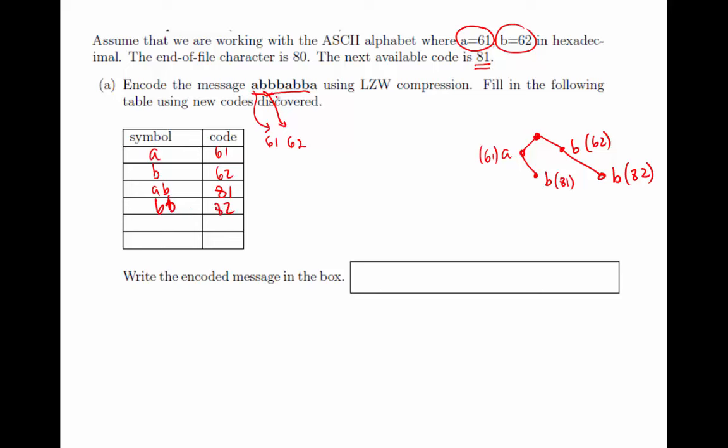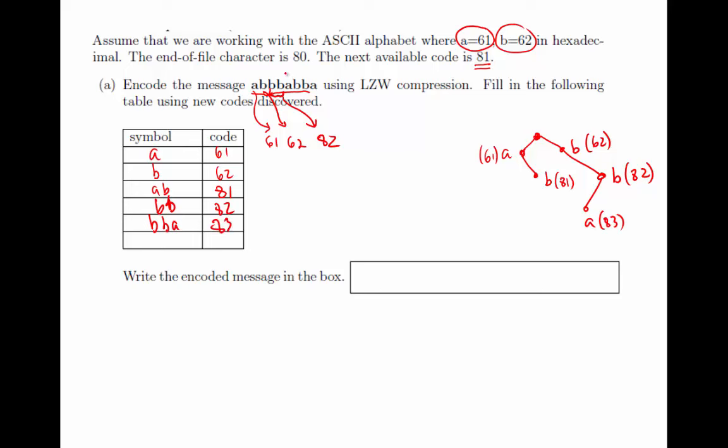So now we have BB added. Now there's something nice happening here. We always find the longest string that can be encoded using the symbols we know. For example, now we know that we can replace the BB with the code 82, and then also we can add the new code BBA to the table, which would be the next code available, 83.